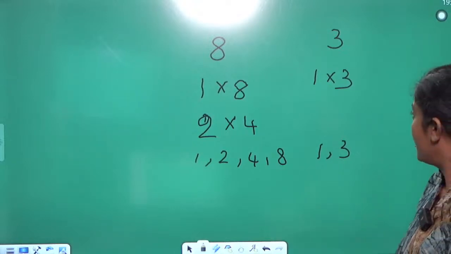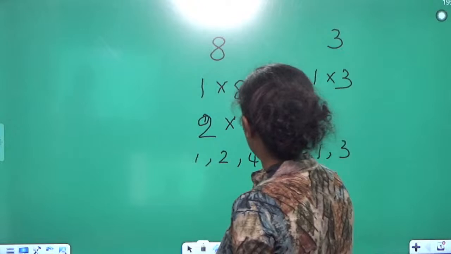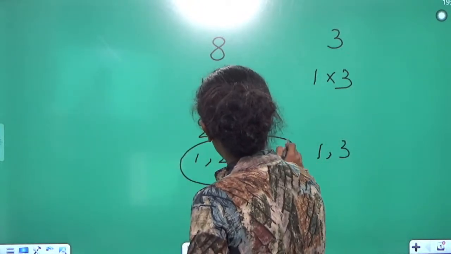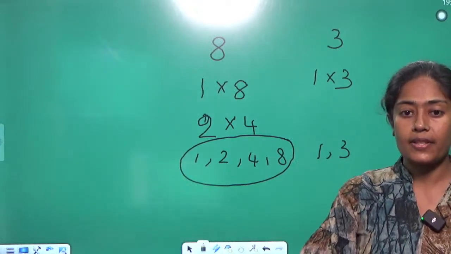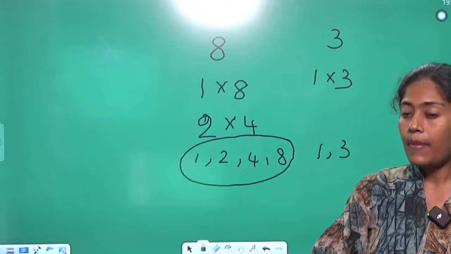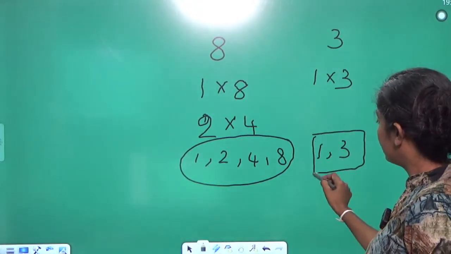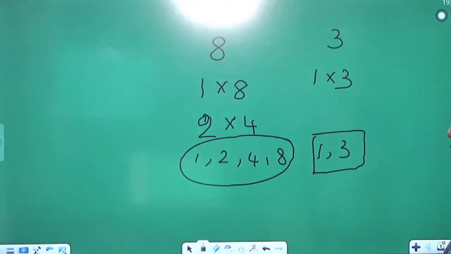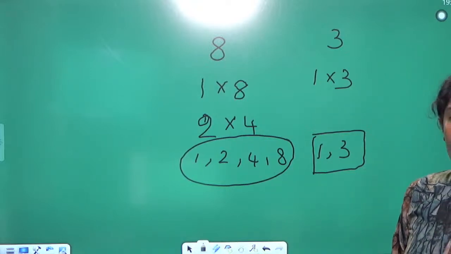If I consider 8, it has how many factors? 4 factors. But 3, this one? Only 2 factors. That means the same number it has, and only 1.